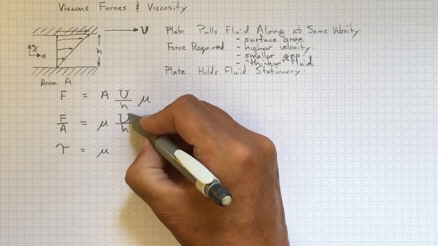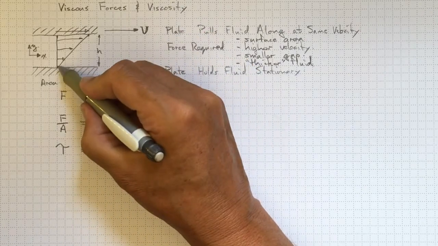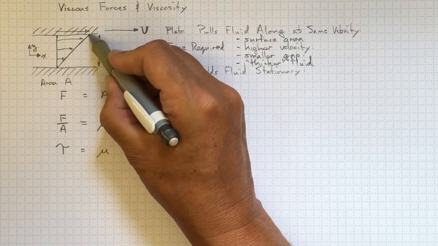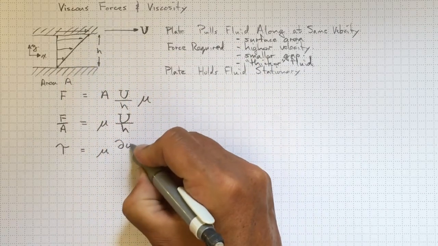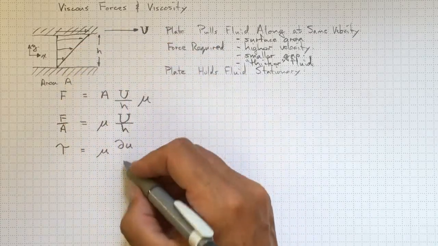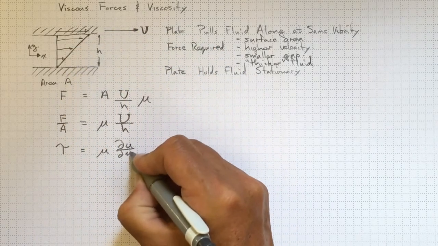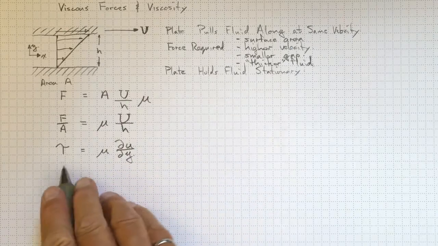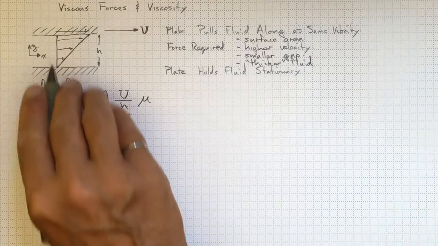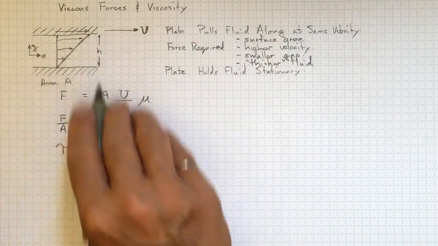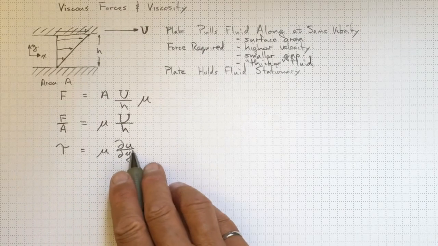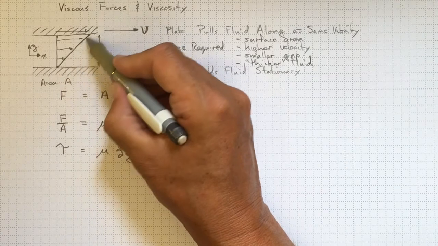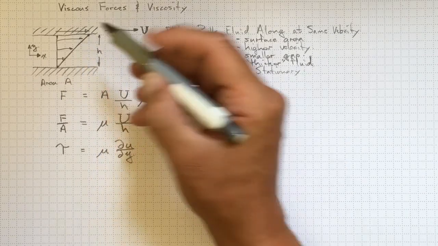This we'll hang on to and we'll call it viscosity. And that U over h for this linear variation in velocity, that's a velocity gradient. That's the derivative of the local value of the x velocity in the y direction. So what this tells us is that the stress that we expect in here, the shear stress that we expect, is going to depend on this constant viscosity and the gradient of the velocity.